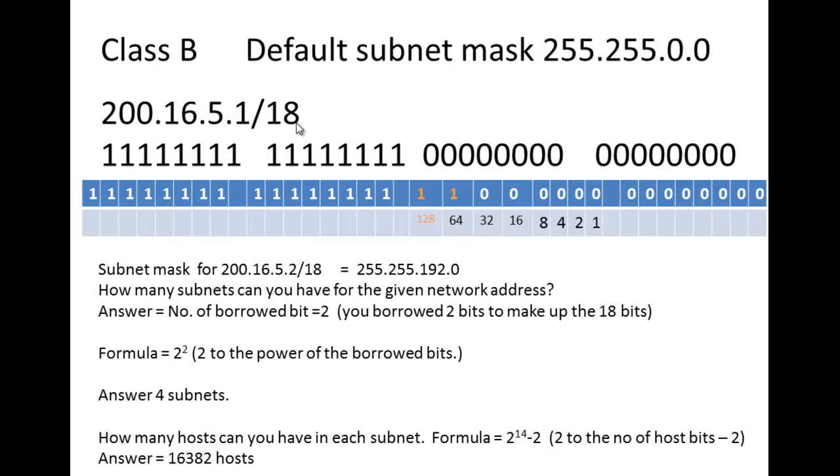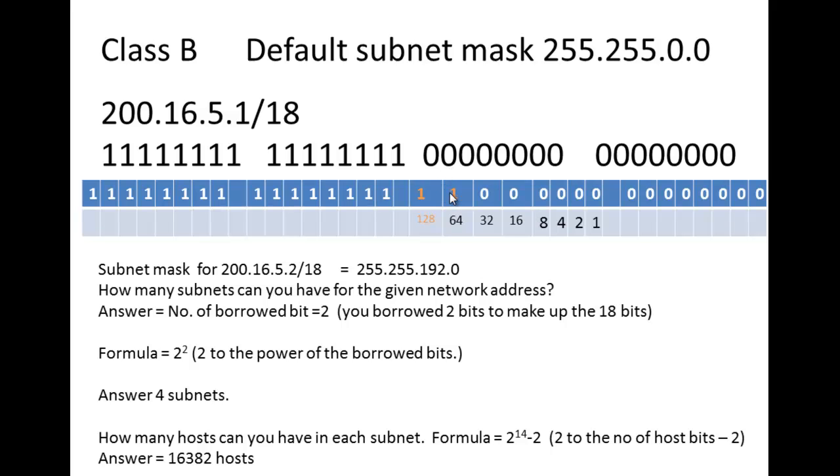So the first thing that we want to find out is what is the subnet mask for this network? How do you find out what the subnet mask is? You use the borrowed bits. So if the default is 16, we already have 16 network bits. To make 18, we have to borrow 2 from the host section.